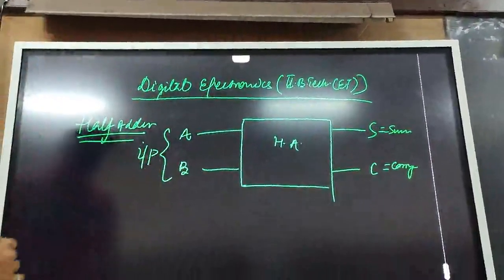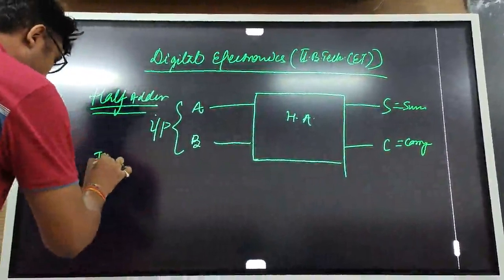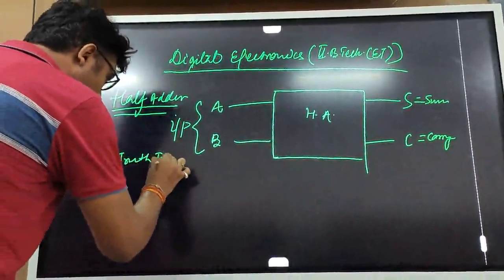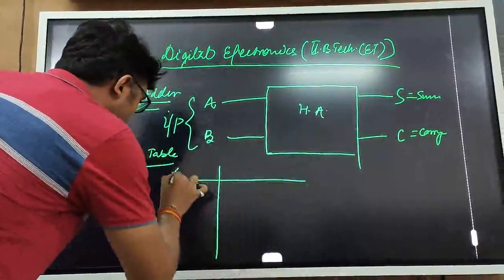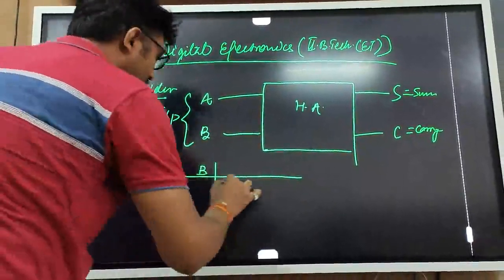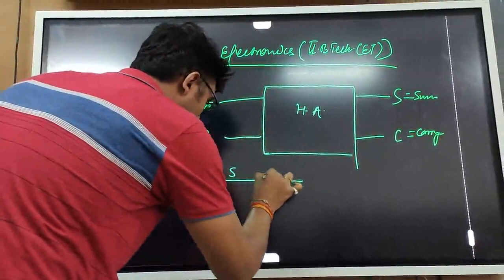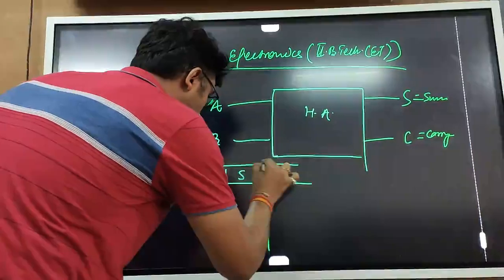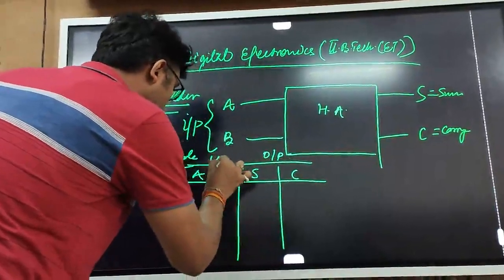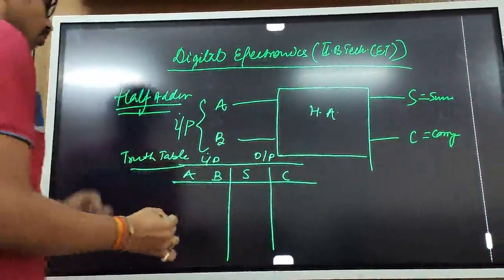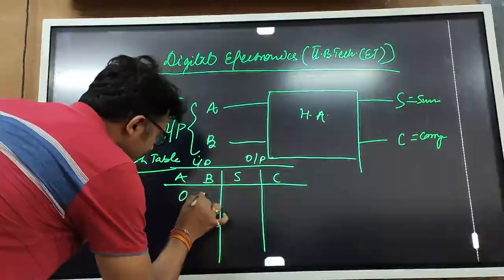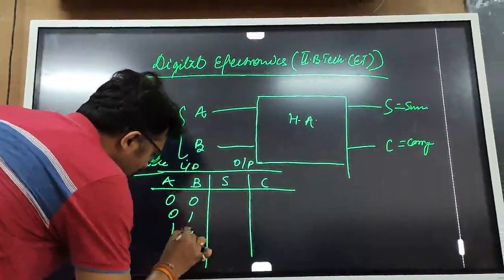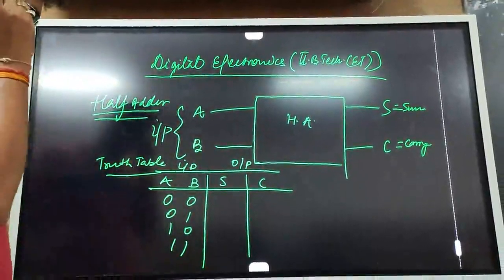So if we draw its truth table, these are the inputs and these are the outputs. If we are utilizing 2 inputs, then we have 4 combinations, that is 00, 01, 10, 11.